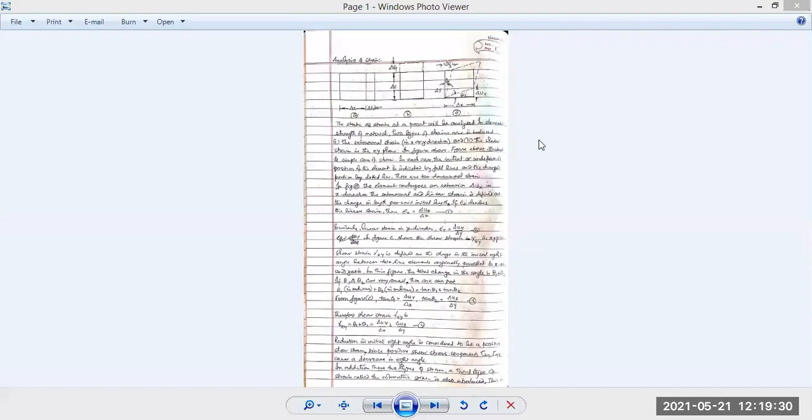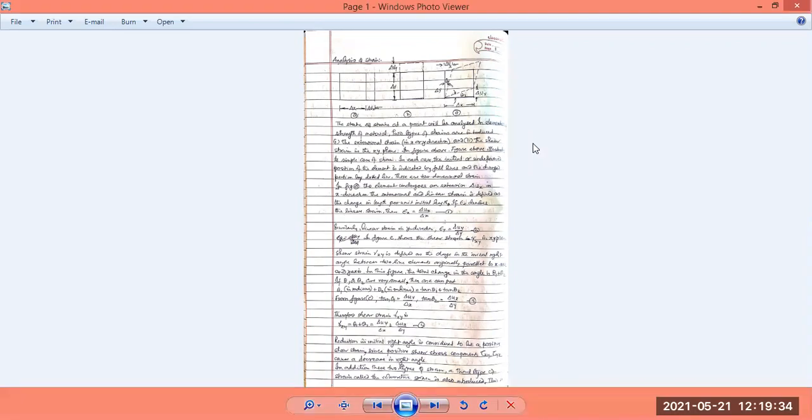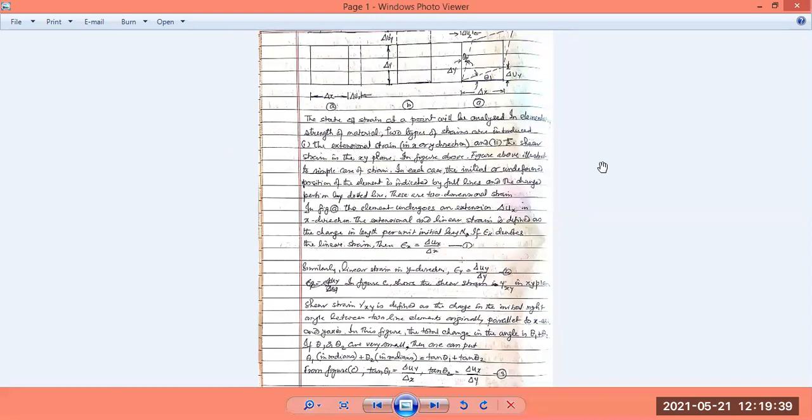What we have done in the earlier classes, we have started this analysis of strain after finishing the analysis of stress itself. The state of strain at a point will have to be analyzed here.